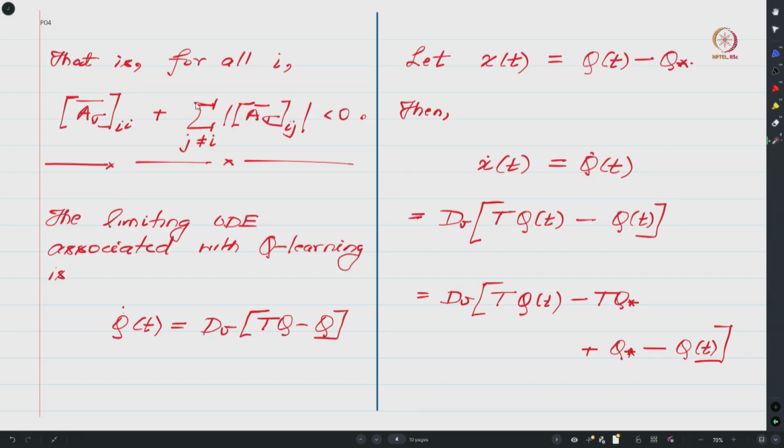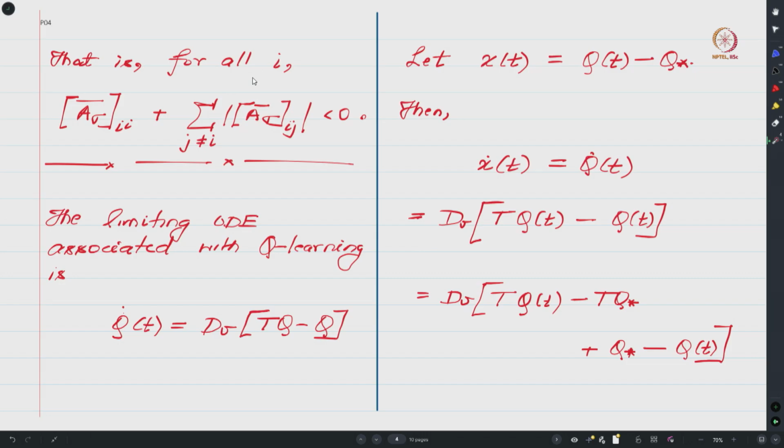Let me repeat: you look at the ith diagonal entry, and notice that you do not take the absolute value here, and here you take the absolute values of the off diagonal entries, and you add them up, and you want this sum to be strictly negative, and this should be true for every i.